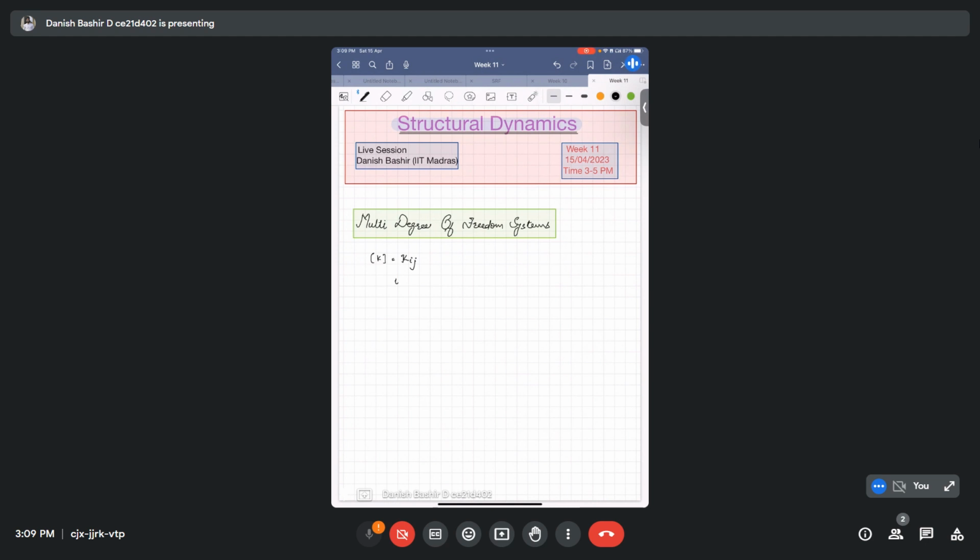I is the degree of freedom where force is produced, and J is the degree of freedom where displacement is given. The special thing is that it is a unit displacement given at the jth degree of freedom.